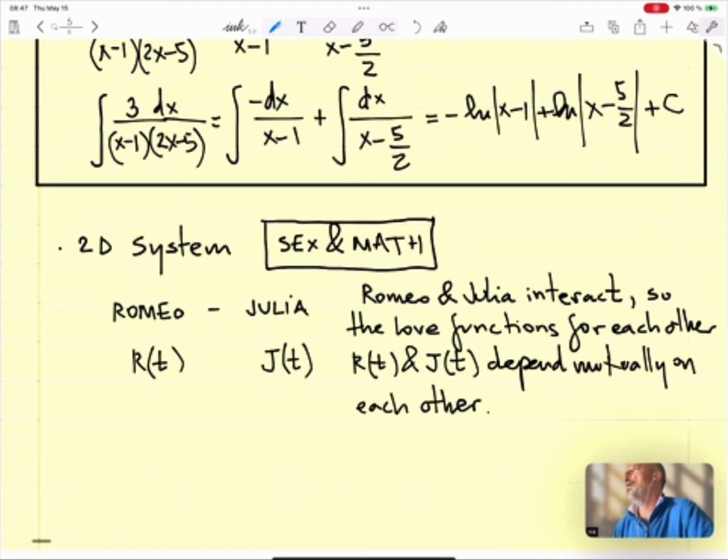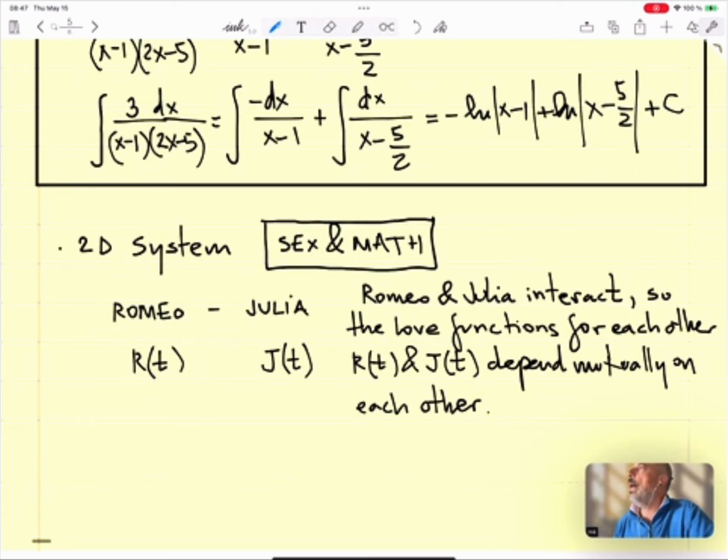Depending on their characters, sometimes when Julia loves Romeo and he notices that Julia loves him, Romeo will say, no, I'm not interested anymore because she already loves me, so I don't care about her anymore.